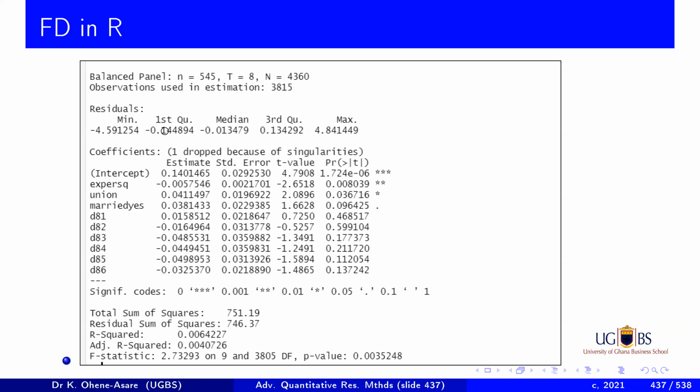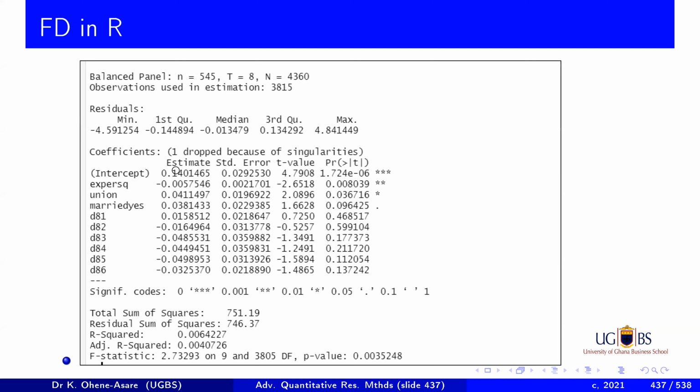Now, there's nothing different from this compared to the pooled OLS in terms of interpretation. The same way, when it has triple star, it is 0.1% and all of that. You can interpret the scores the way you want. But when you use this, how do you know that your model is first difference and that it is not pooled OLS? We'll look at the test to determine all of that.